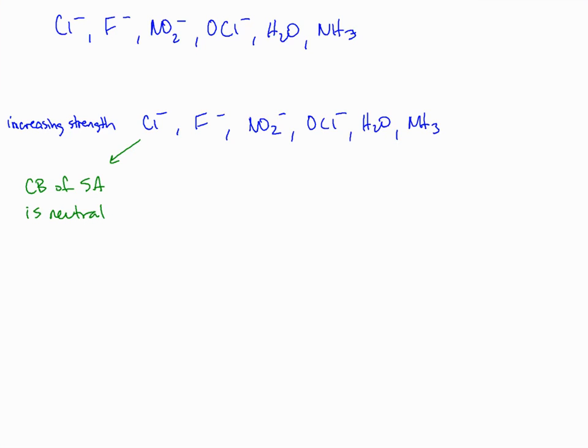The Kbs for all of these. For chloride, the Ka was infinitely high, which means the Kb is going to be infinitely low, and we're just going to say 0.